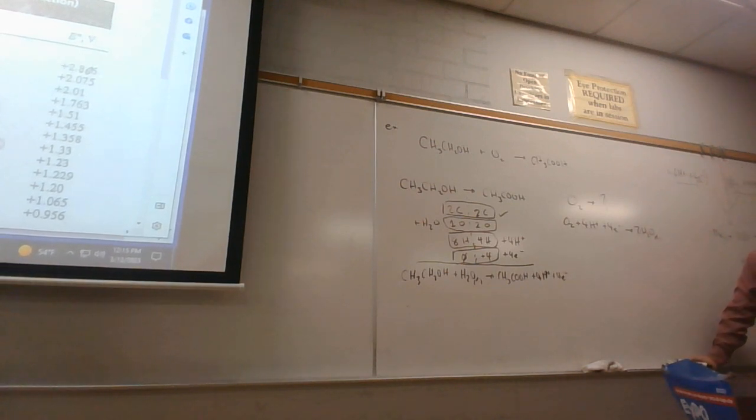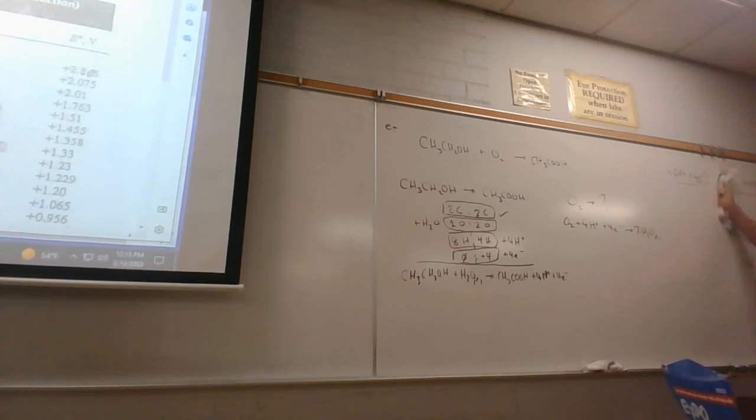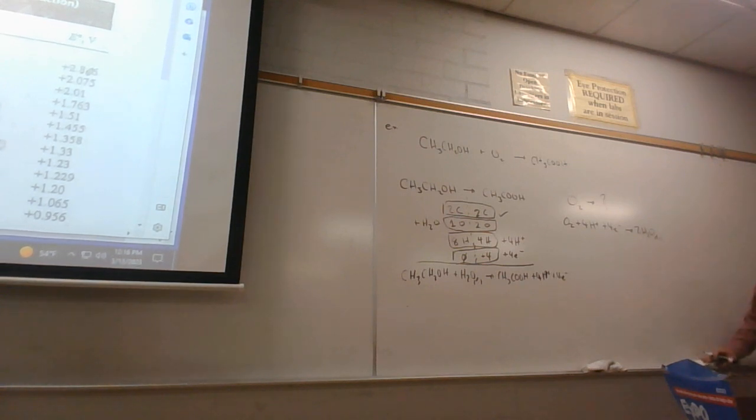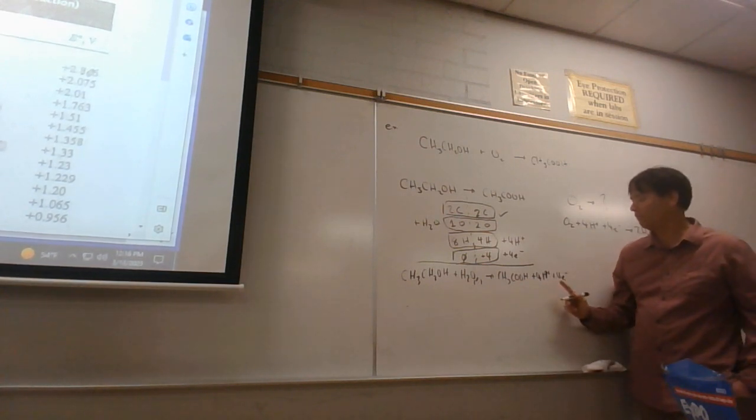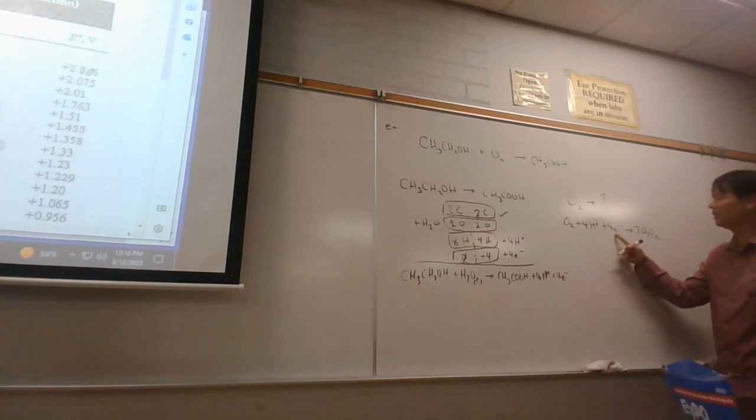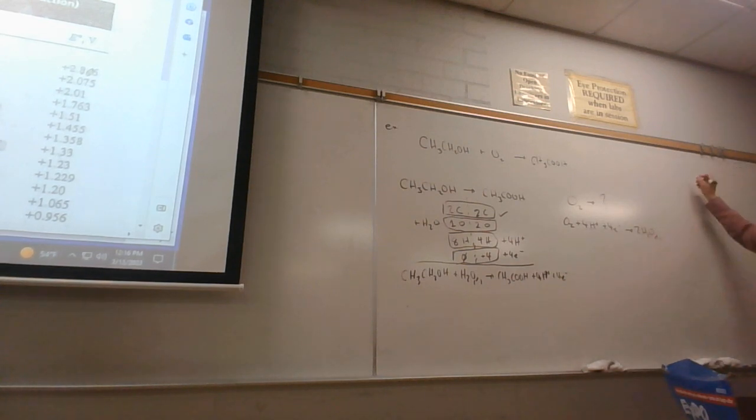Then I'm going to add these together, and in this case they add up quite nicely, because over here I have 4 electrons lost and over here I have 4 electrons gained. So I'm just going to add them straight.